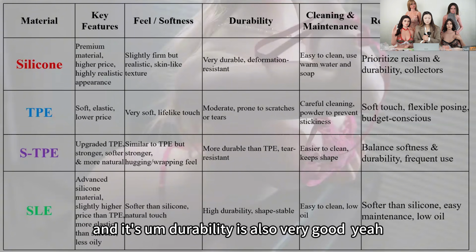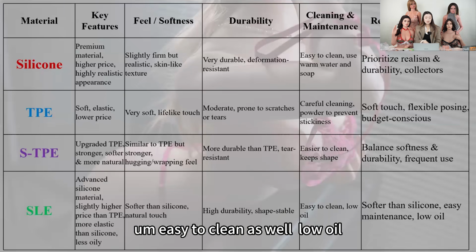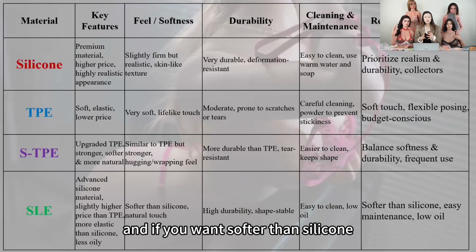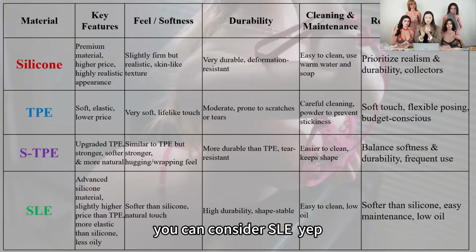And its durability is also very good. It's kind of like silicone, high durability, easy to clean as well, low oil. And if you want softer than silicone, easy to maintain, less oil, and a little bit cheaper than silicone, you can consider SLE. Yep.